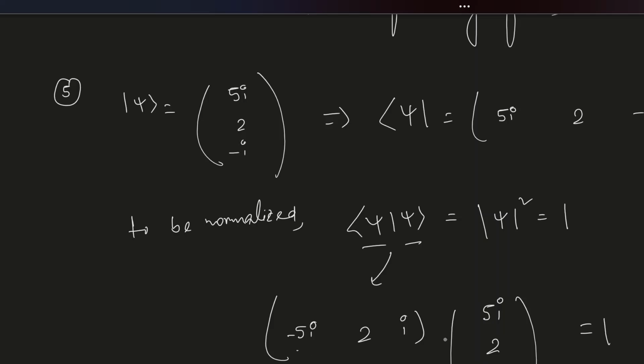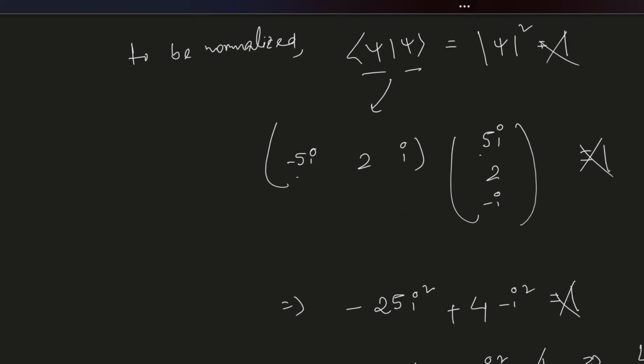So if you multiply, we get 25 plus 2 into 2, 4, minus I squared, which is plus 1. So basically 25 plus 4 plus 1, and this is not equal to 1, clearly. So the normalization condition is not satisfied because this product is coming as 30. But it has to be 1 for psi to be normalized.